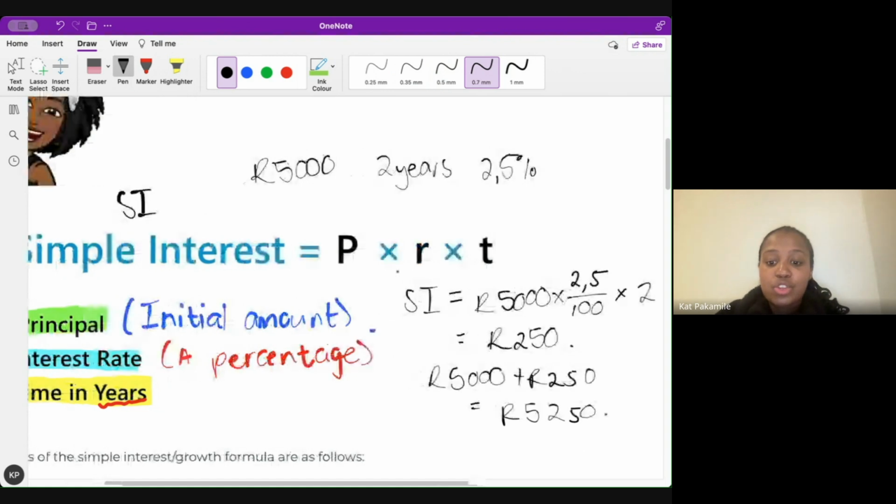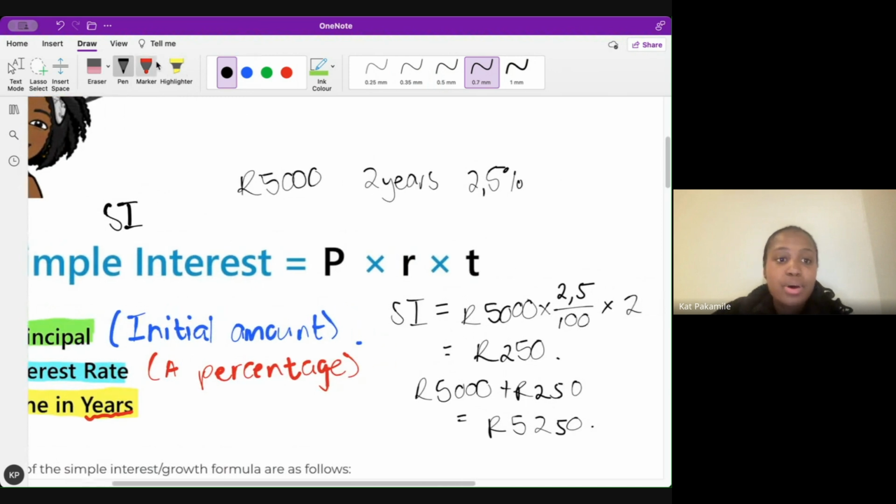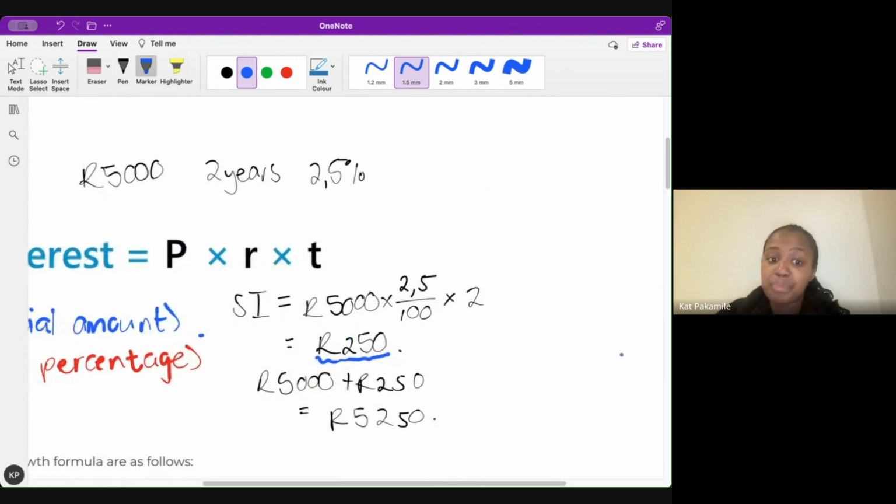And simple interest means you will keep earning this 250 rands regardless of how long you keep your money in this account. That's basically what simple interest is. Even if I keep this money in here for 10 years, in year 1, I will earn 250 interest. In year 2, I will earn 250 interest. That's what simple interest means.